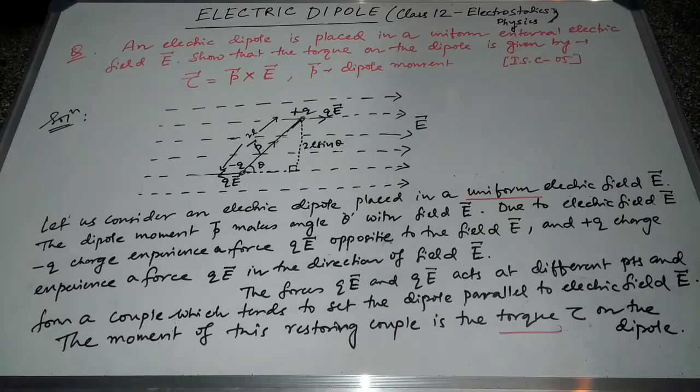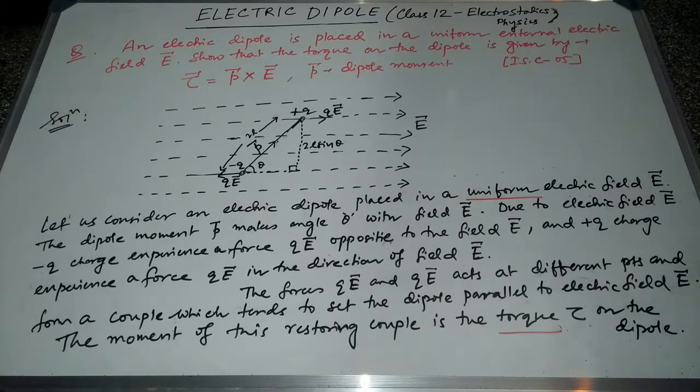So now let us take another question. We'll learn about the torque on a dipole which is placed in a uniform electric field. What is the expression for the amount of torque which acts on the dipole?